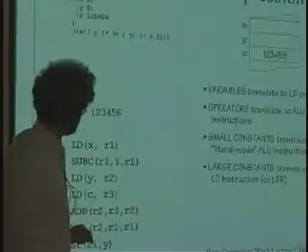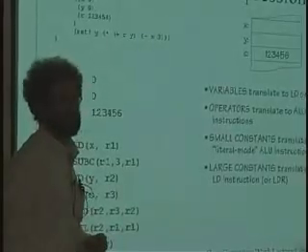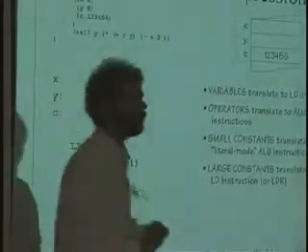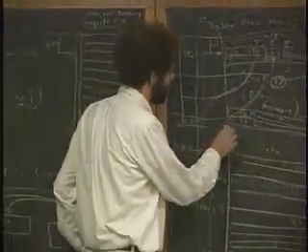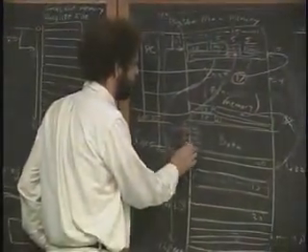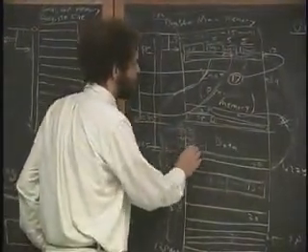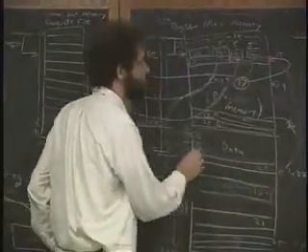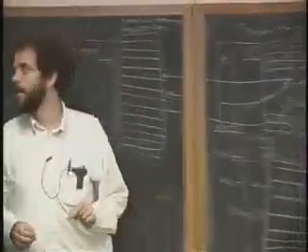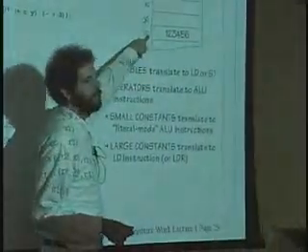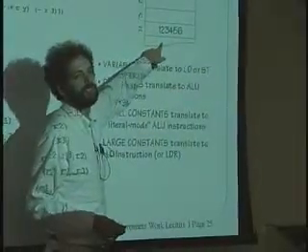But if I have a constant that is bigger than that, and I want to use it, what do I do? The answer is, I can put it in the instruction stream itself. I can have X over here, Y over here, and a constant C here, and I can put up to 32 bits worth of data inside of here. And as long as I can arrange to get a pointer to a piece of data that is wide like this, I can use a number which is more than positive or negative 32K.